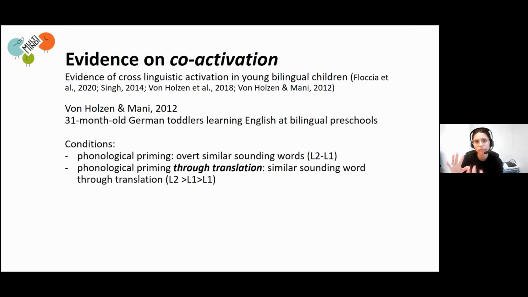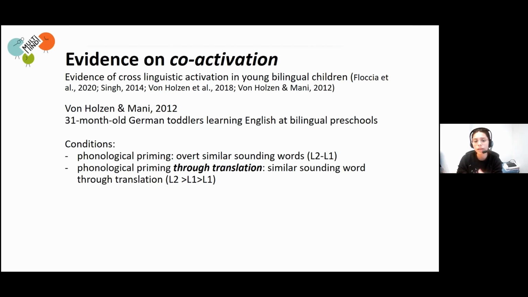I will give you more information in the next slide, but I would like to start by introducing the conditions that the authors presented to the children. They presented a phonological priming cognate condition, where they presented two words in quick succession that shared some similar sounds from English to German.